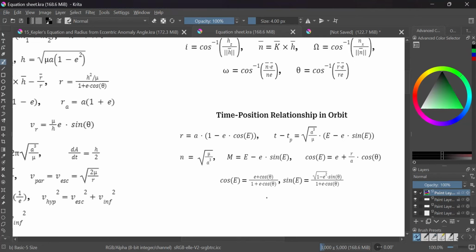So without further ado, I say let's start with the cosine equation here, and let's work it in reverse.